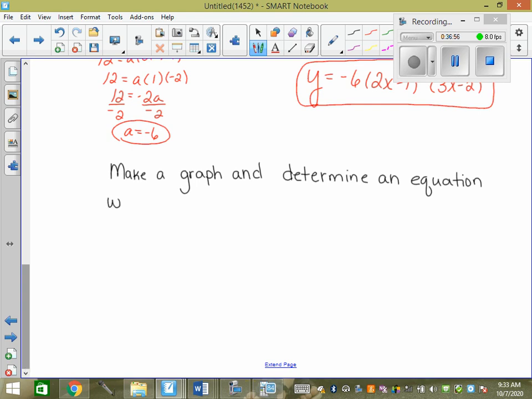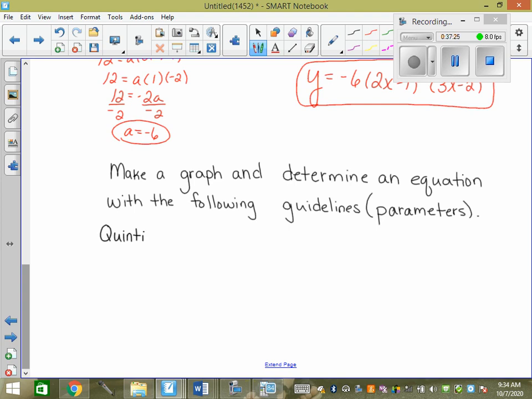With the following guidelines, or parameters, as we would say. Quintic.